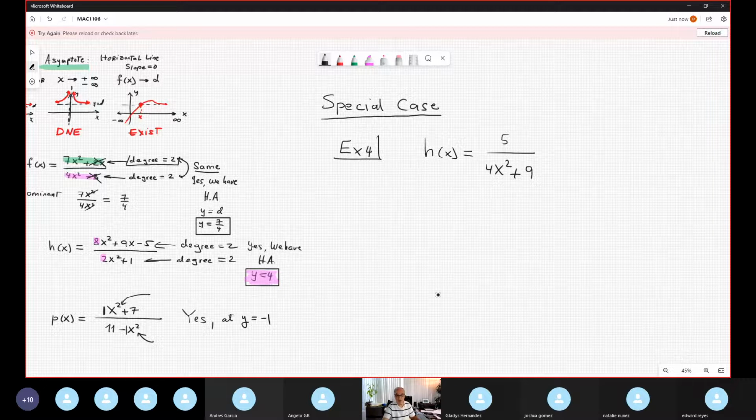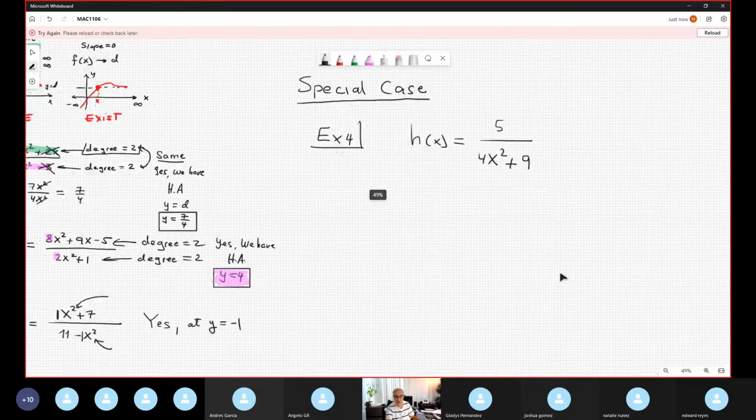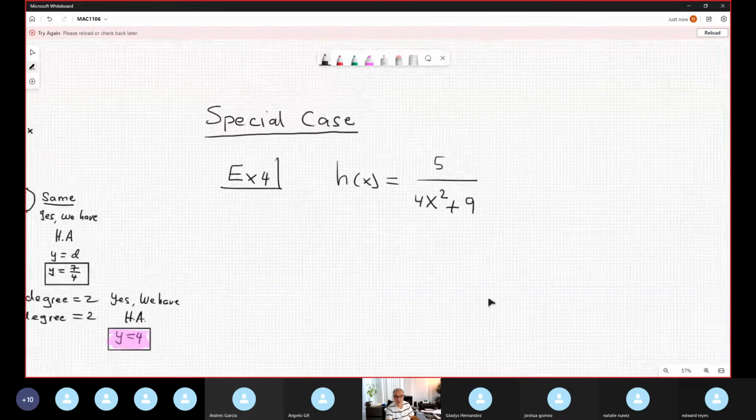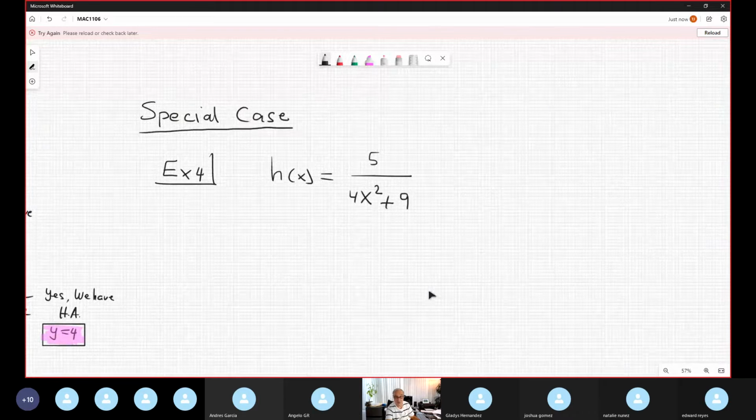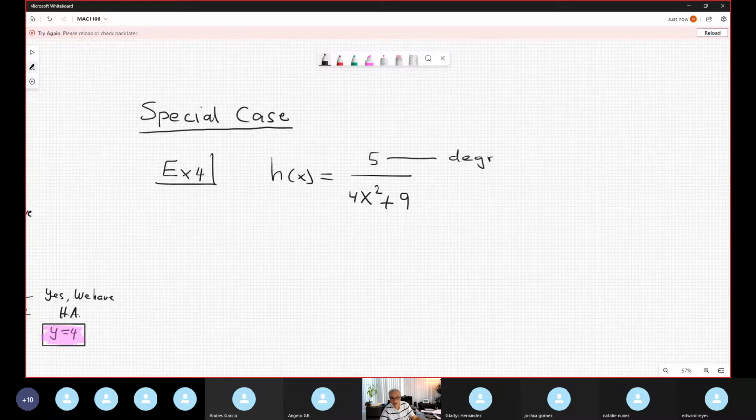Okay, we have a rational function. And my goal is to analyze the horizontal asymptote, because I am doing the analysis of the degree. The degree of the polynomial on the top is 0, and the degree of the polynomial on the bottom is 2.